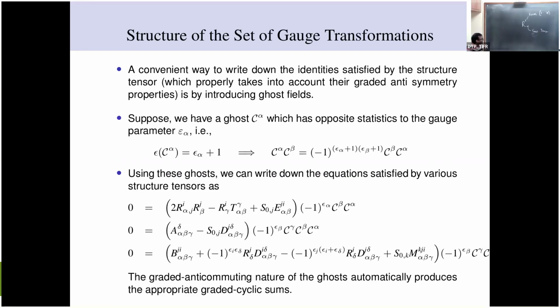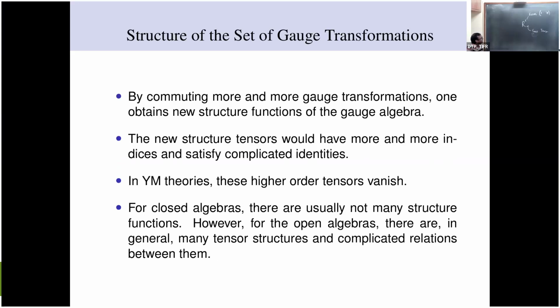How many C's are there? Three, right? In the third line, yes, there are three. So by commuting more and more gauge transformations, you can in principle obtain new structure tensors from it. Is there any relationship between these ghosts and the Vilkovisky ghosts? Yes, there will be.